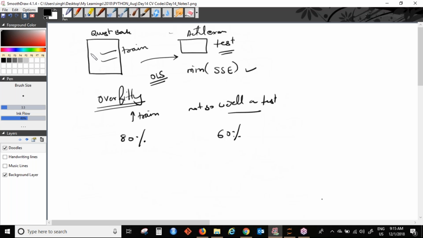The model has memorized some of the patterns in training data, and that is why it is not able to perform well on test data. So you can always evaluate it in a simple way, by checking the accuracy on training data and on test data.